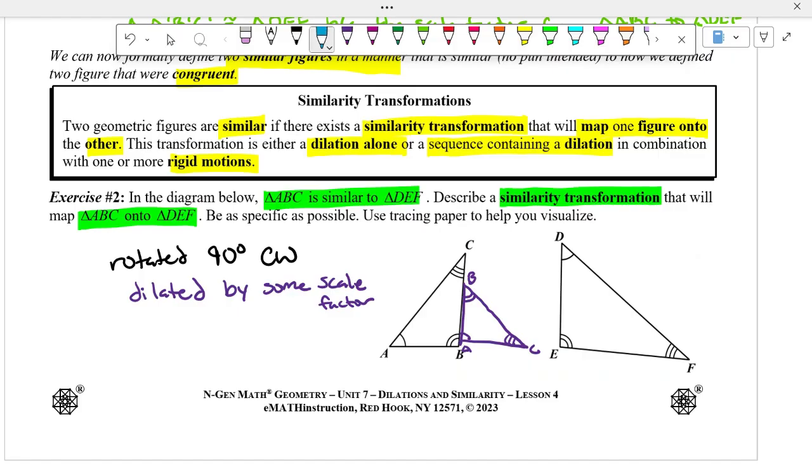So if I redrew the figure, it still looks like this, just slightly bigger. So that's B, A, C. And there's one more thing that had to happen. You had to have a translation of some sort, whether B goes up a little bit, down some, to the right some, to the left some, whatever. Once we do that, then it would transfer onto DEF.